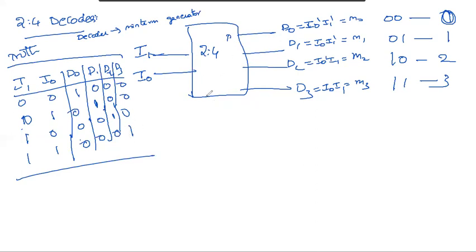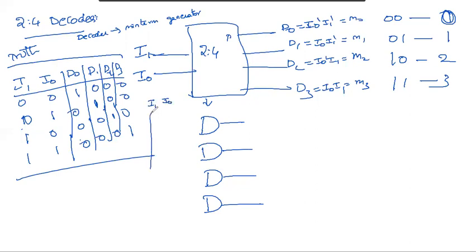So the internal circuit of this one is what? So I1, I0. This is I0 bar. Sorry, I1 bar, that one. So first AND gate is I0 bar, I1 bar.